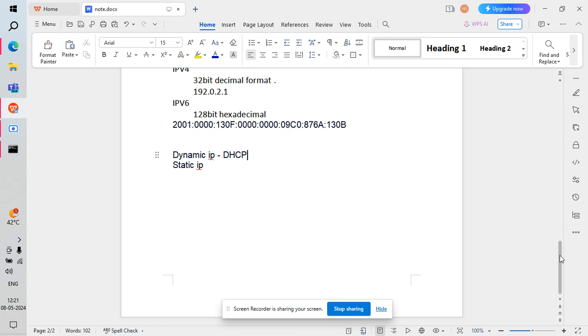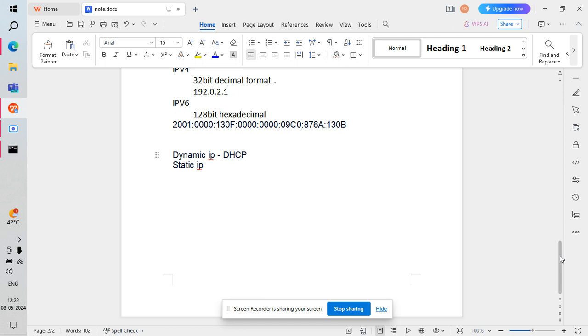These addresses may change over time as devices join or leave the network. But static IP addresses are manually configured and remain constant, providing a fixed location for a device on the network. They are often used for servers, printers, and other devices that require a permanent address.